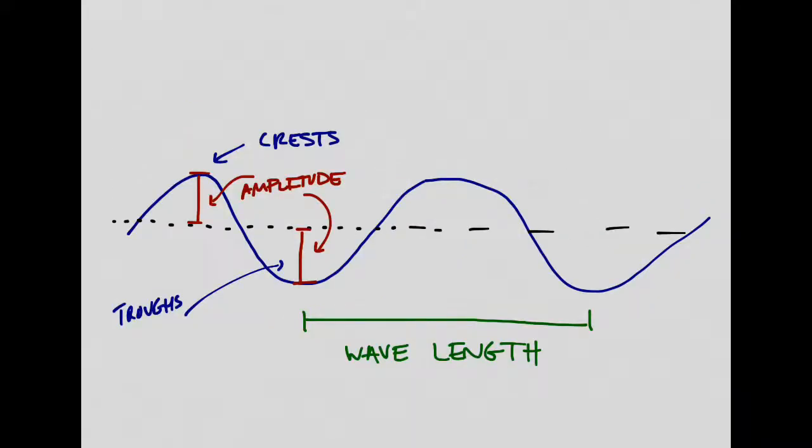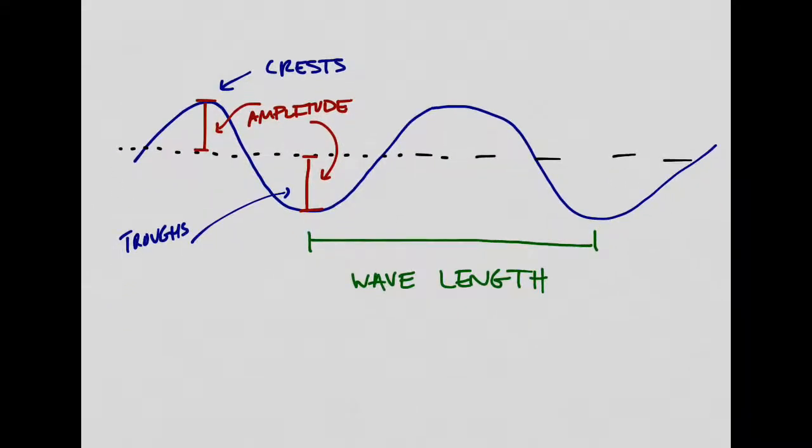And we could start this wavelength anywhere. Instead of measuring from the bottom of the trough, we could measure from the top of the crest to the top of the next crest, or the middle of the wave. It wouldn't matter. The wavelength is the same regardless of where you start. It's just one complete cycle. And we call this the period.